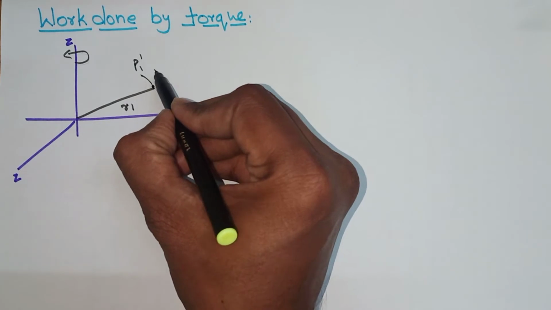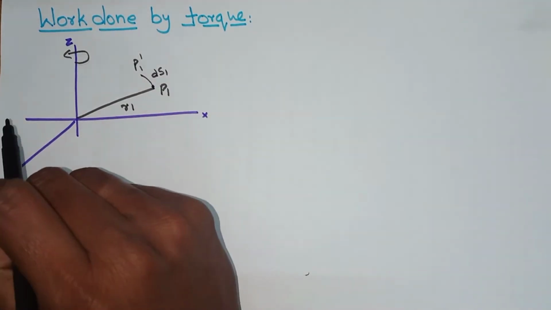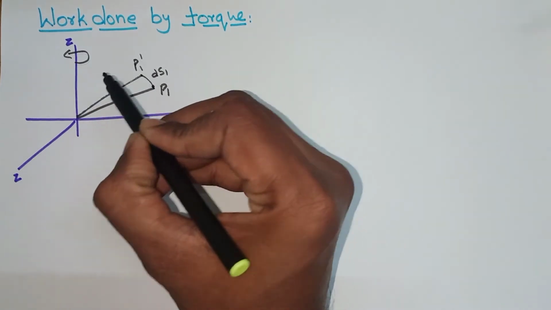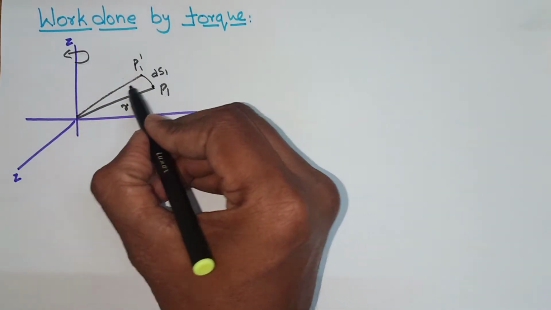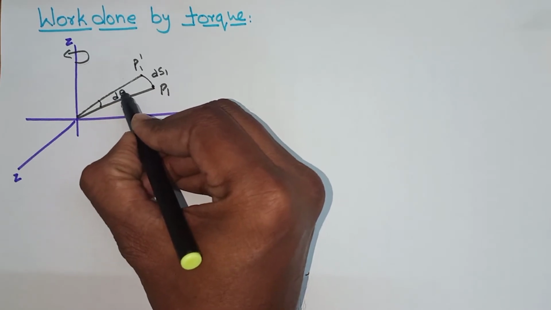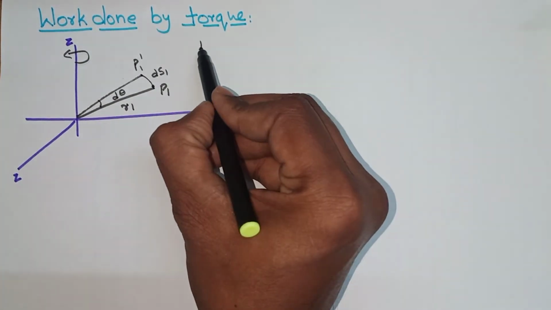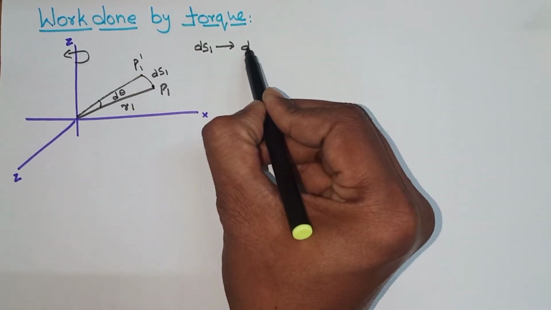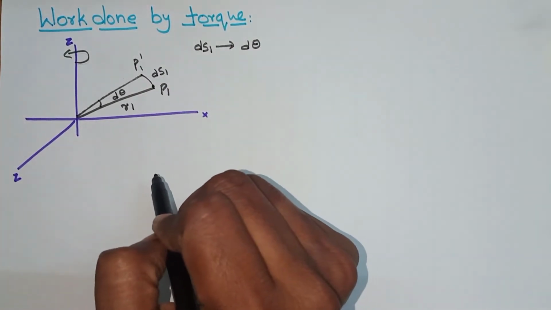This is called ds1, the arc length, and you can write it as a vector. This arc length corresponds to a small angle d theta.